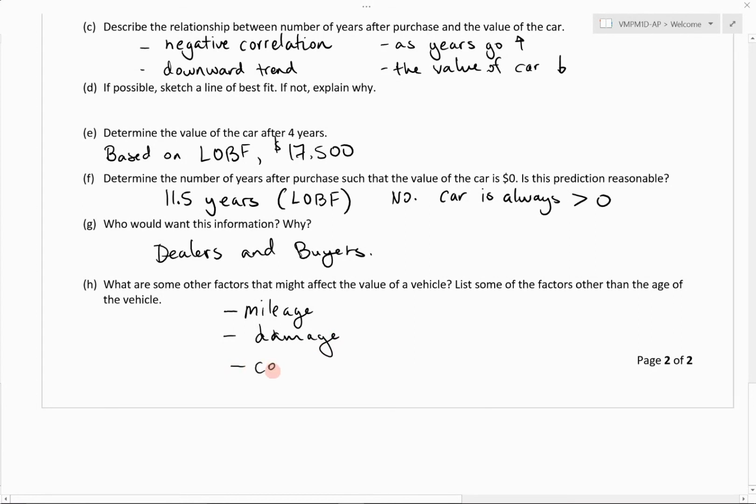How is the condition, is it rusting? Is it still shiny? What is the make and model of the car? Some cars are more popular than others. And color. Some people are also partial to colors of cars. So those are just some factors. There are other factors as well. But those are just some factors that could change the value of the vehicle.